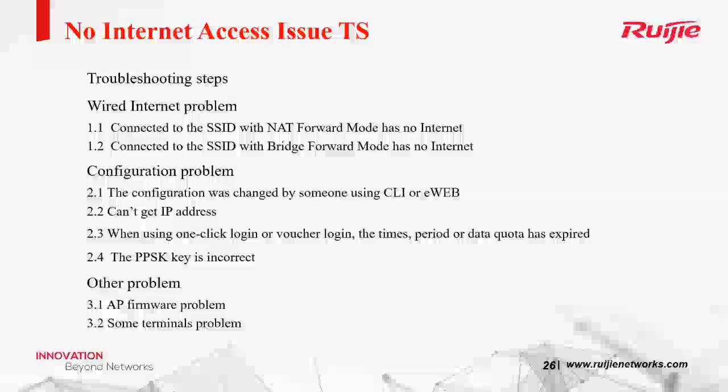That's the second part. Let us go through the troubleshooting steps. First, the without internet problem: check the without internet used by clients. Second, configuration problem: when the configuration was changed by someone using CLI or eWeb, how to do? And if can't get an IP address, how to troubleshoot it?